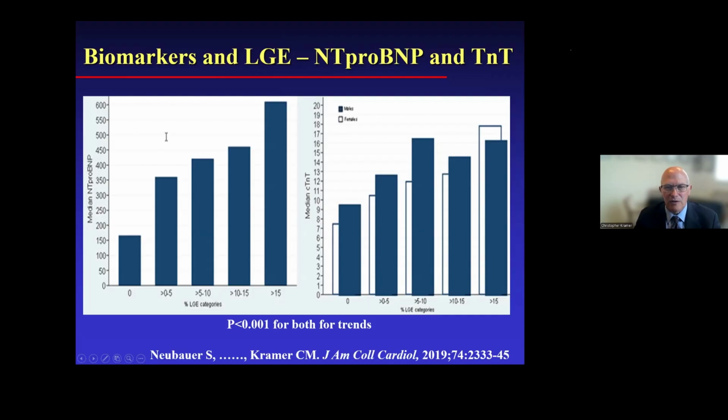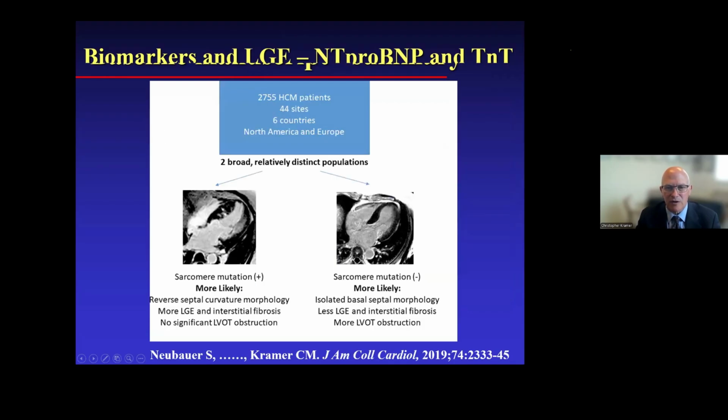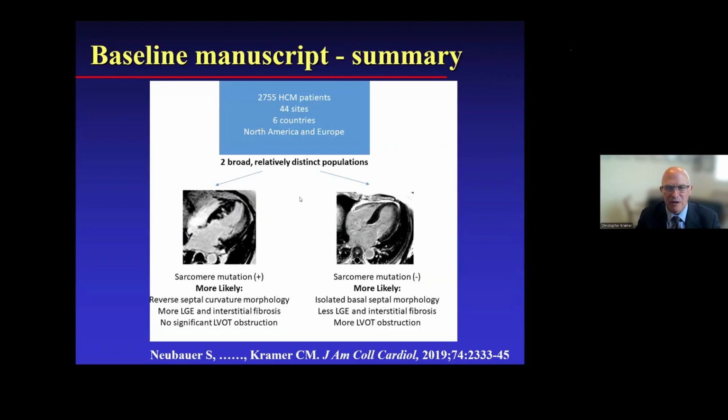This is our summary figure from our initial baseline publication in JACC. We had identified two broad, relatively distinct populations: 40% or so who are sarcomere mutation positive, more commonly with reverse septal curvature morphology. They were the patients with more late gadolinium enhancement, as it turned out, and more interstitial fibrosis as well.